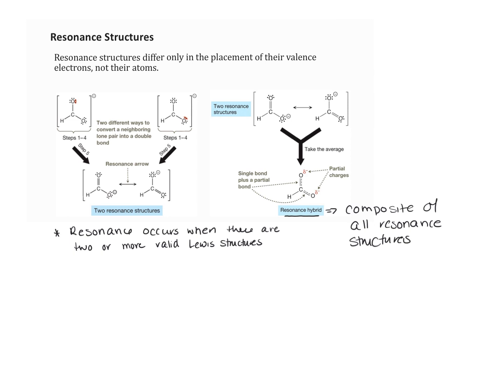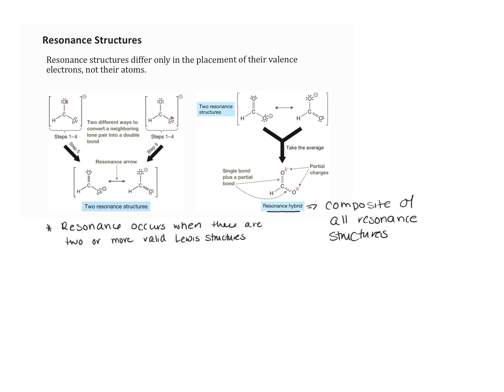Now, the resonance hybrid looks like the lowest energy or most stable resonance structure. The two resonance structures that we see here are what we call equivalent. As a result, each structure is going to contribute equally to the resonance hybrid. And we're going to talk more about resonance structures that are equivalent or non-equivalent in a second, so don't panic on me.